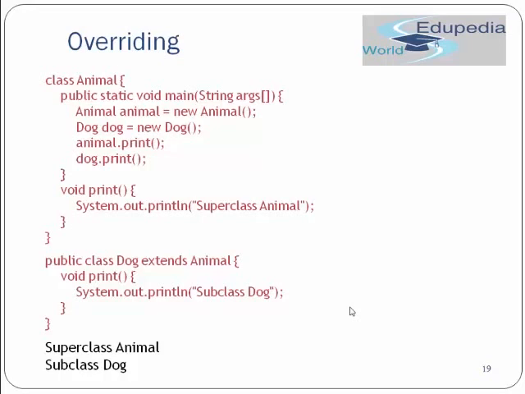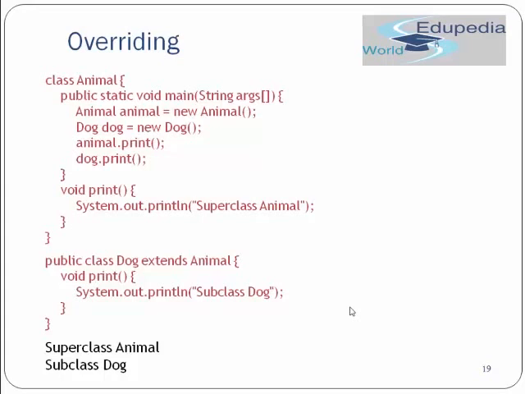Then we create an object of class Dog as well, and Dog extends Animal. Dog has a method print, which prints subclass Dog, and Animal also has a method called print, which prints superclass Animal. After that, we call both animal.print and dog.print. When we call animal.print, the superclass Animal's method gets called, and when we call dog.print, the subclass Dog's method gets called.